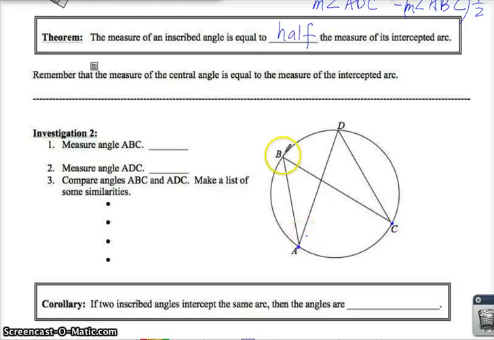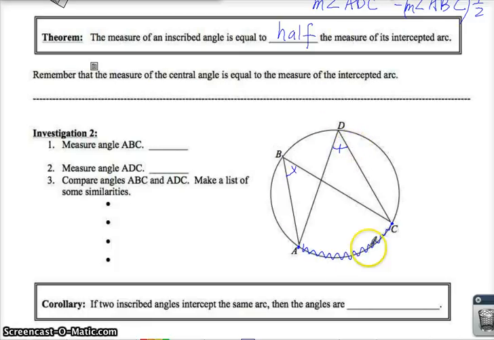Maybe you notice that they are both inscribed angles, so both of their vertices are on the circumference of the circle. Therefore, when you measured them, what should be true? It should have been true that those two measures were congruent to each other. So the measure of angle ABC is congruent to the measure of angle CDA because they both open to this arc.